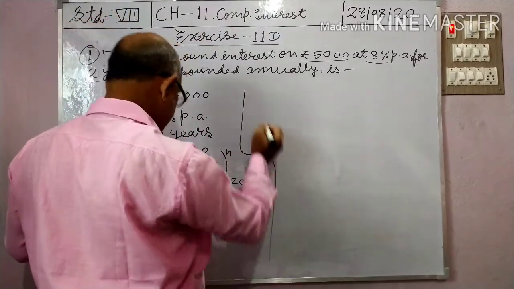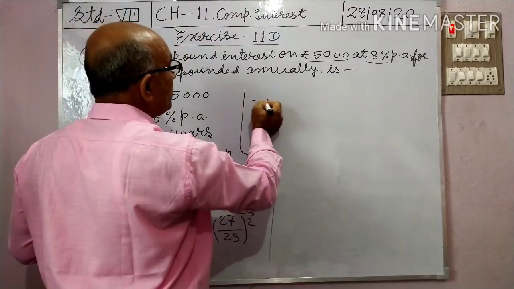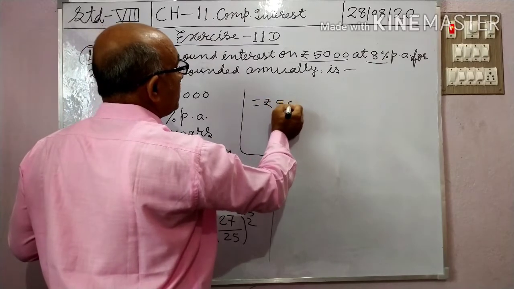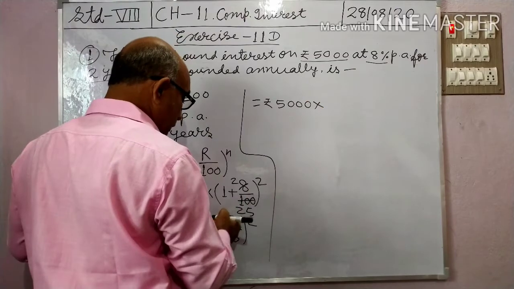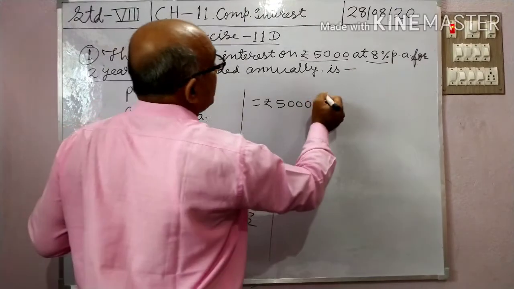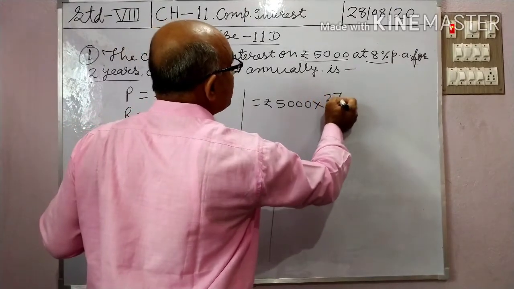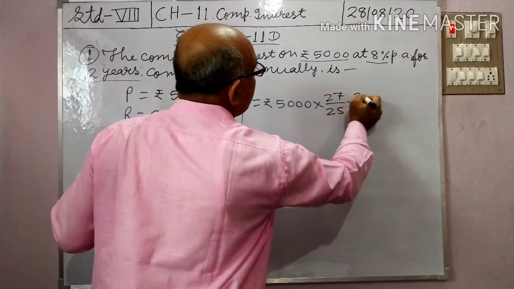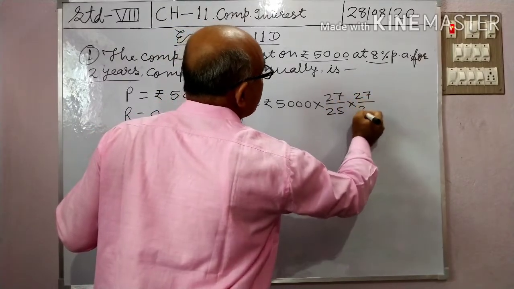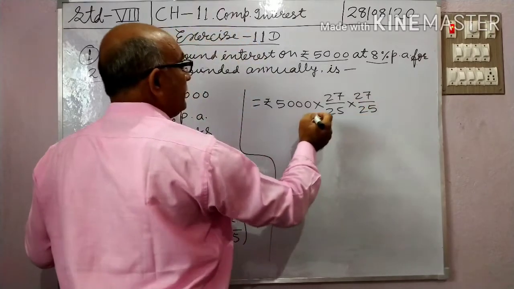Now, equal to rupees 5,000 into 27 by 25 squared, that means 27 by 25 into 27 by 25.